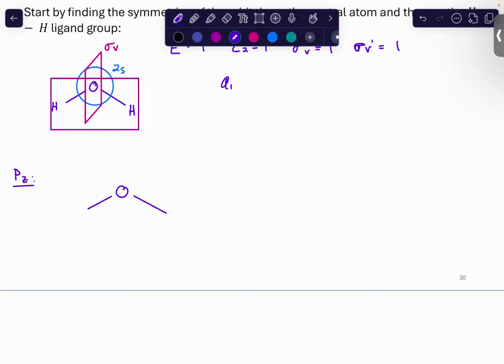So let's put that in here. Do you see how p orbitals have different phases? If I do anything that causes those phases to flip, that's a -1. So that's what we mean by changes the orbital.